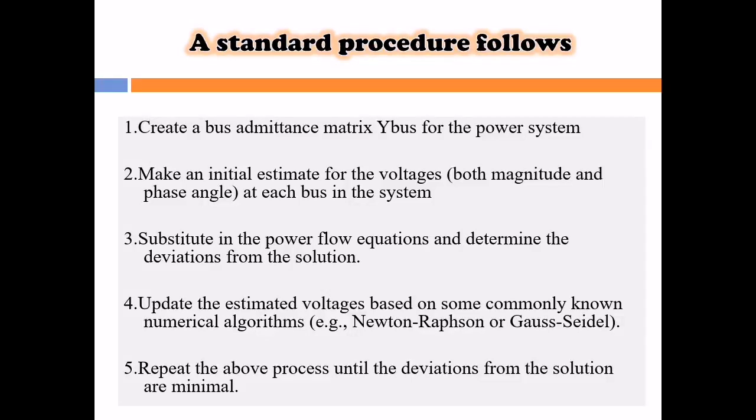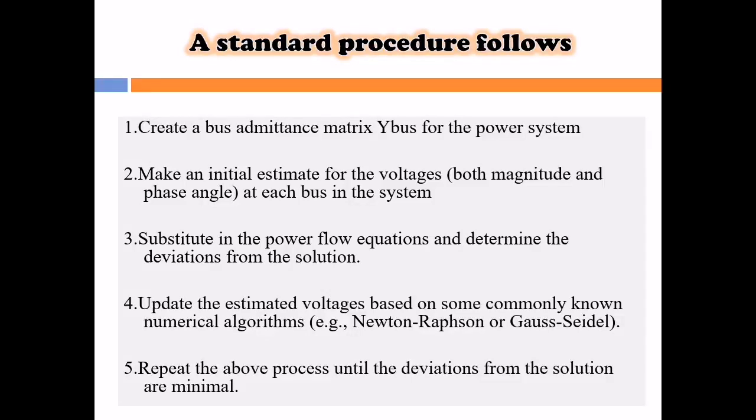Anyway, you need to go on substituting the values one after the other, and finally update the estimated values based on a common numerical algorithm like the Gauss-Seidel method or Newton-Raphson method. Substitute, then find the difference between the updated value and the previous value. That is the error.